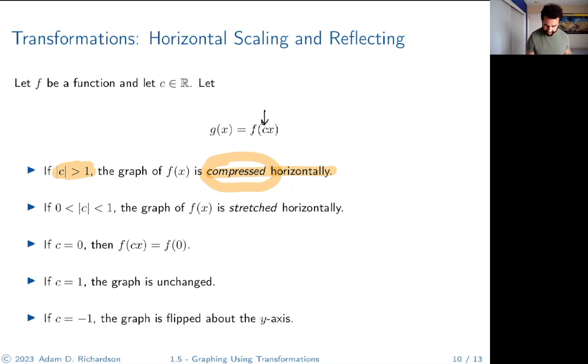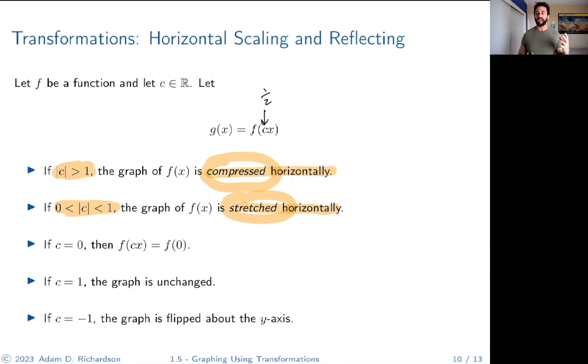Now compare that to the other scenario. If the size of c is between 0 and 1, then you're going to get a horizontal stretch. So if c is like 1/2 instead, then you're getting a horizontal stretch. And the intuition for that is basically the example I just gave.